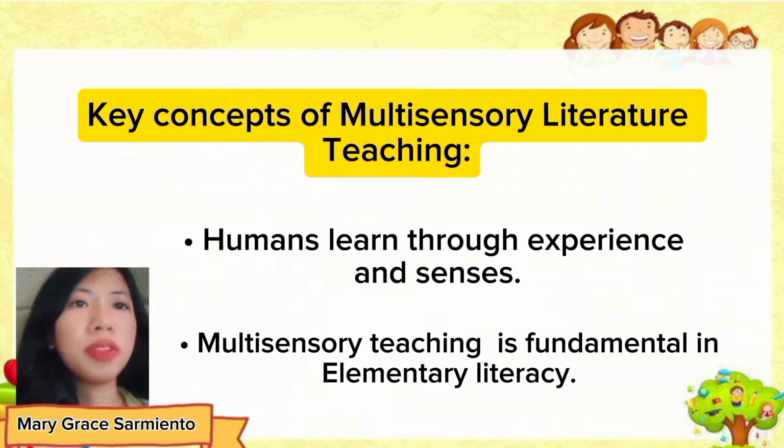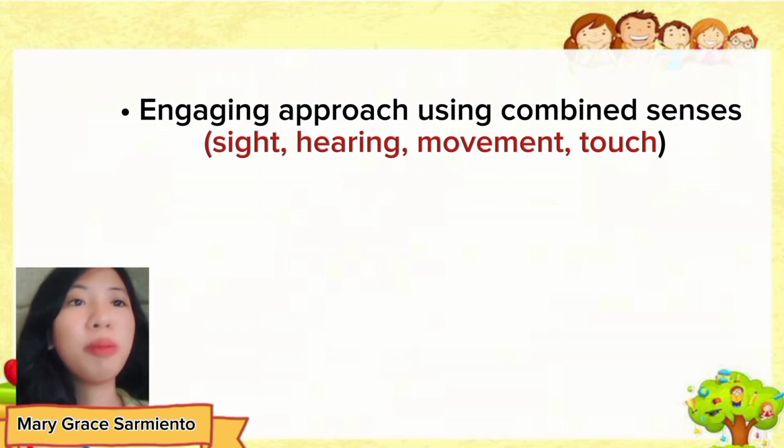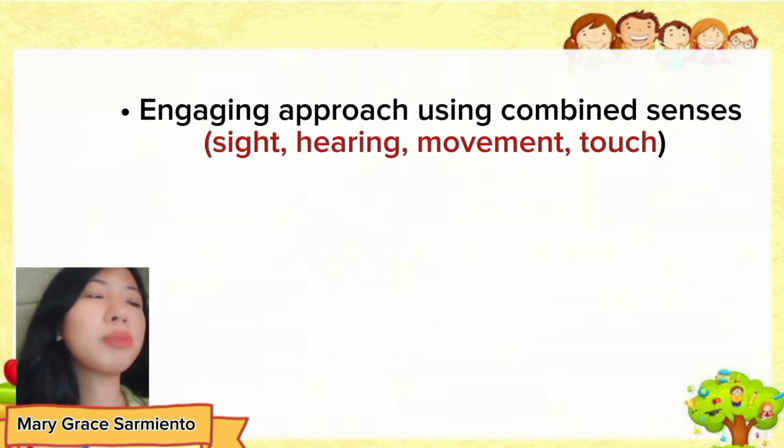The third one is engaging approach using combined senses: sight, hearing, movement, touch. In this, learning becomes more interesting and fun when teachers use different senses at the same time. It's like making learning a cool experience that involves seeing, hearing, moving, and touching.